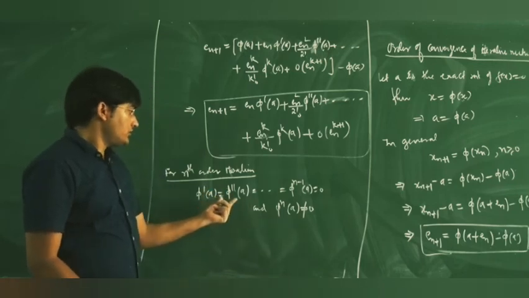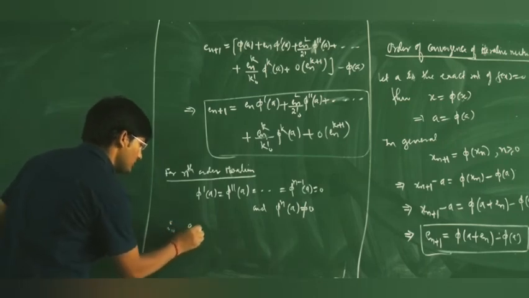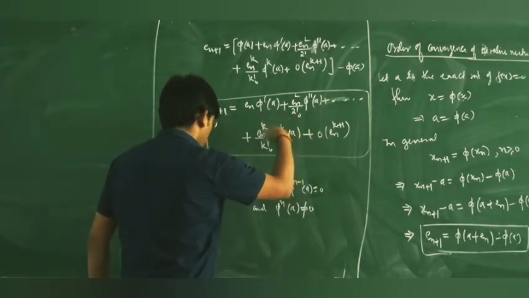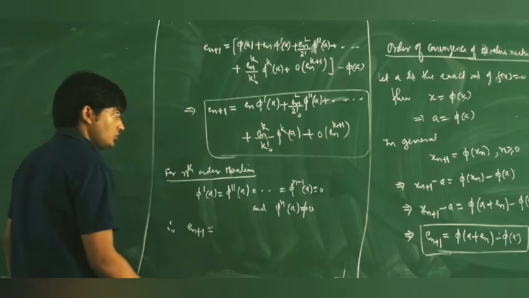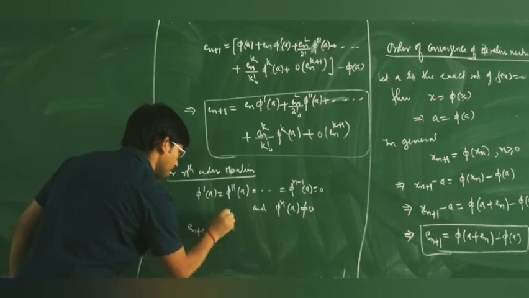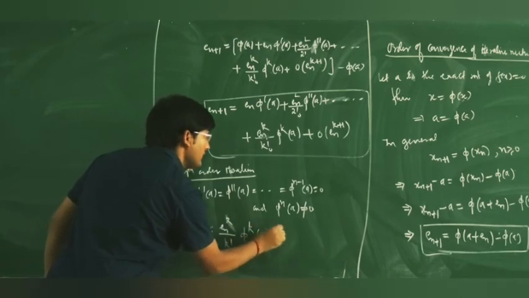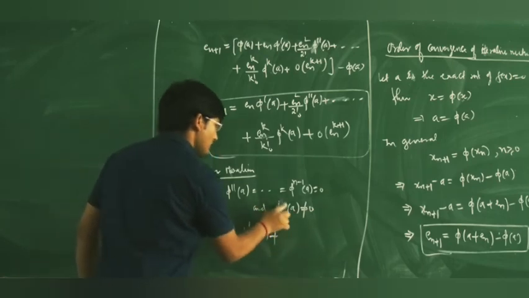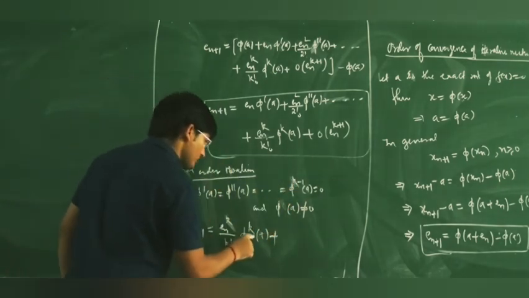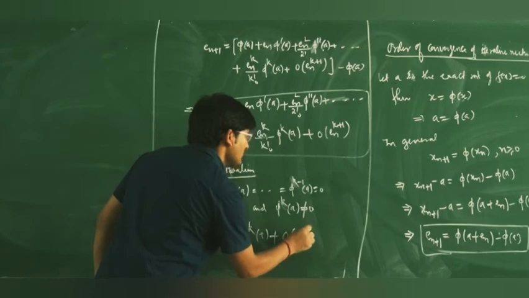Now if you put these values here, then e_{n+1} is equal to, all the other terms will get 0, so we have e_n power k upon factorial k phi^(k) of a, plus terms of order e_n^(k+1).